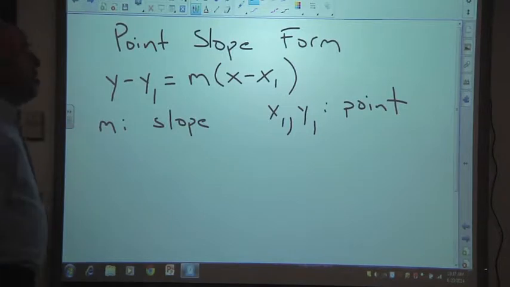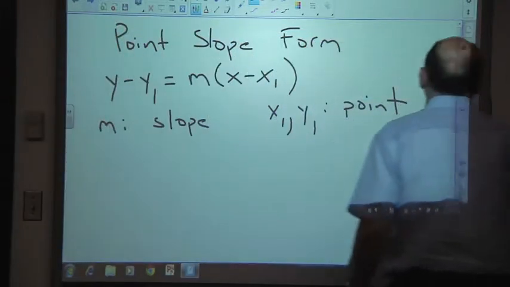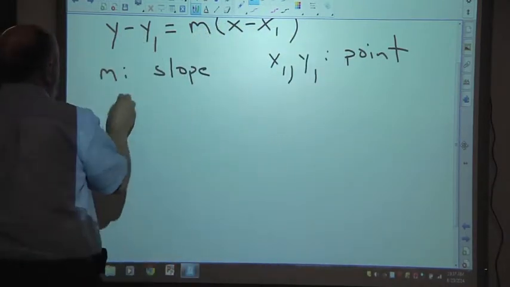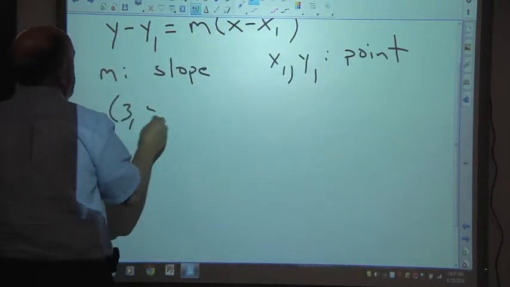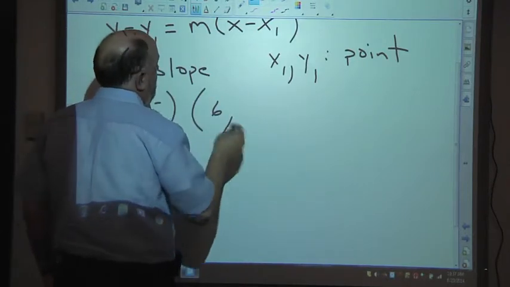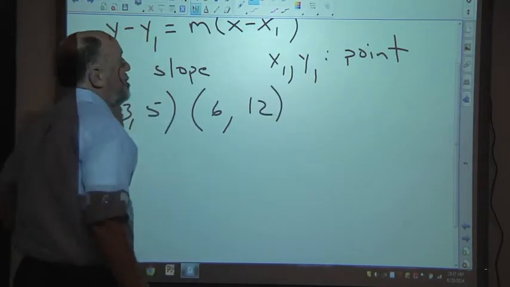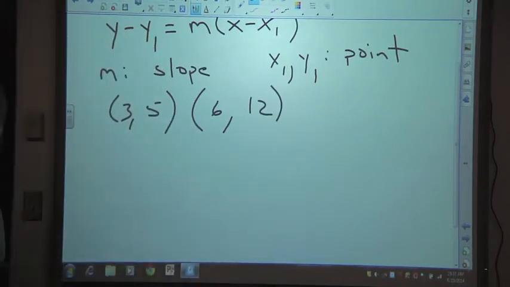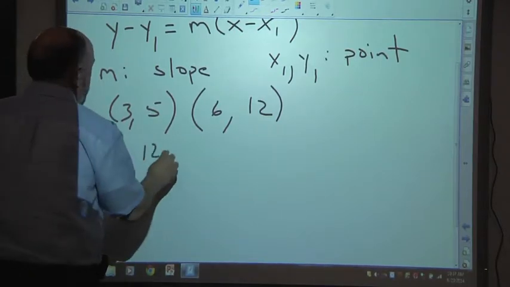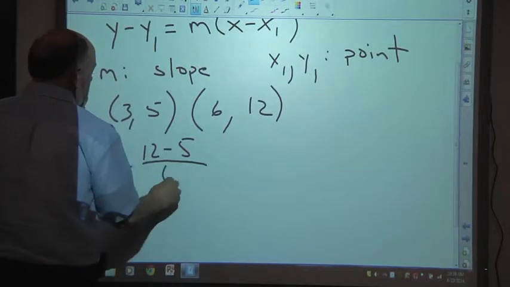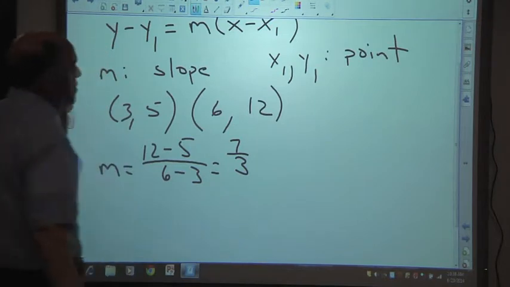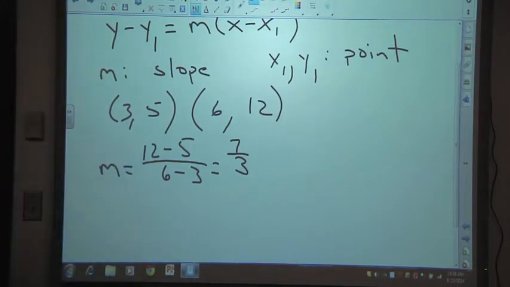For example, we want to find the equation of the line given 2 points. Let's say now the points are (3, 5) and (6, 12). The first thing I want to do is again find my slope. My slope will be 12 minus 5 over 6 minus 3. So this will come out to be 7/3, which is a fraction. We'll leave it in that form.